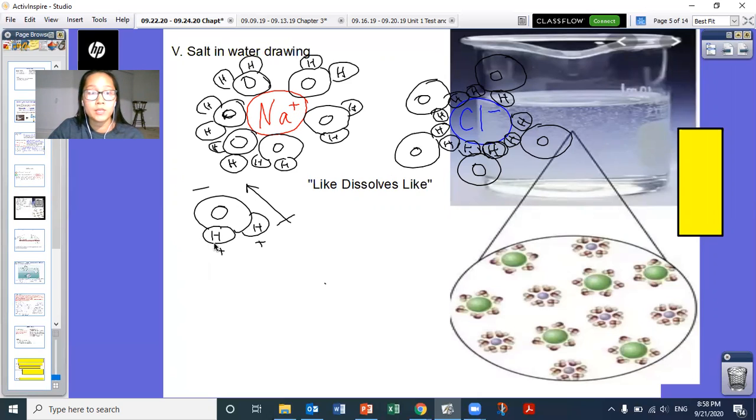On the other hand, with the H's being more positive, they're the ones that are going to be more attracted to the Cl or the negative ion in salt. And as you can see, once they are fully pulled apart and covered by the water molecules, these salt ions can no longer come in contact with each other, and therefore they become invisible to the naked eye, right? So this is my drawing, but this is the actual diagram of what they look like.